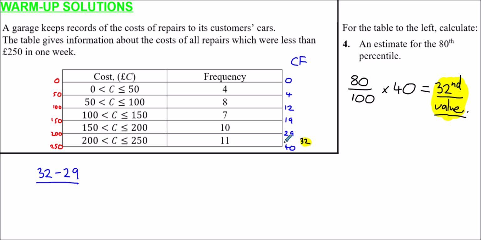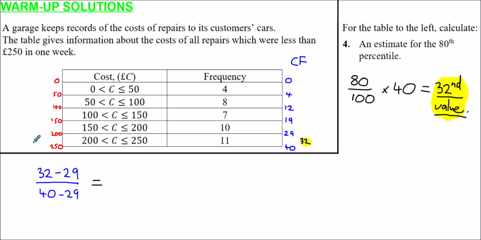So the full frequency is from 40 to 29. So that proportion must be the same as the proportion of the 80th percentile within this class between 200 and 250.